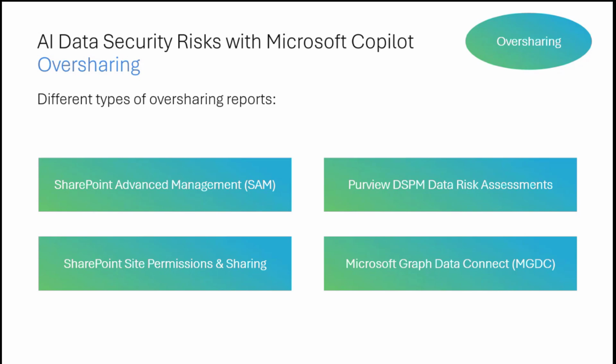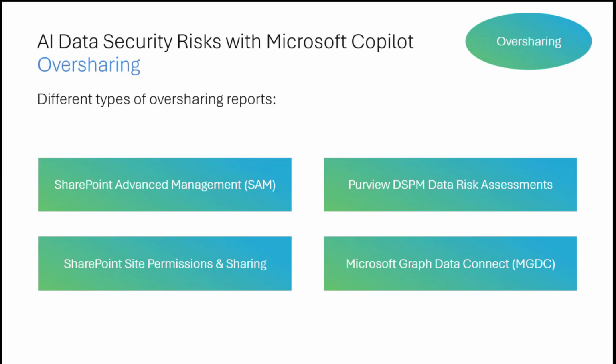And then Microsoft Graph Data Connect for SharePoint specifically. This is really built for an enterprise scale SharePoint environment. MGDC is a very powerful tool. It runs extremely quickly against very large SharePoint environments because the APIs that it uses are not throttled. It's very customizable.